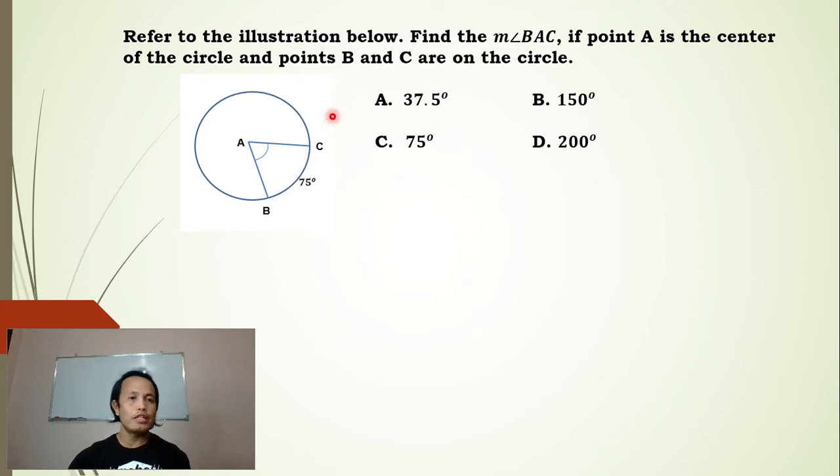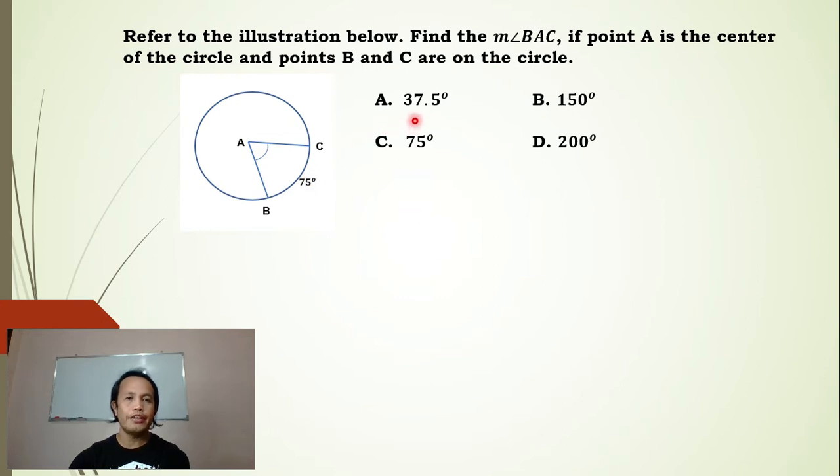So again, we are told to find the measure of angle BAC. That means this angle here. What is the measure of this angle, given that the measure of this intercepted arc is 75 degrees? That means arc BC is 75 degrees.